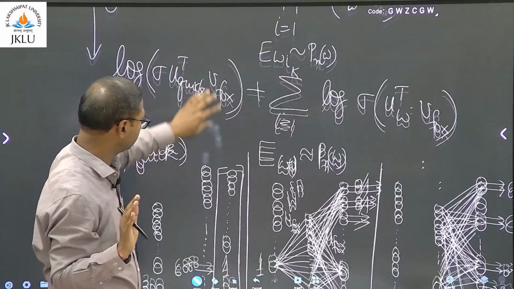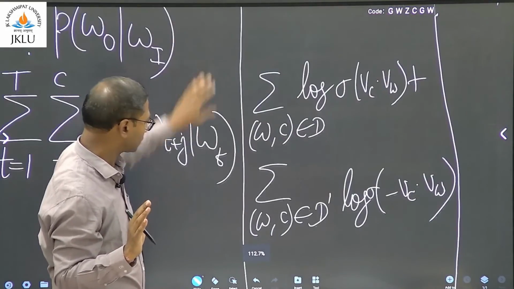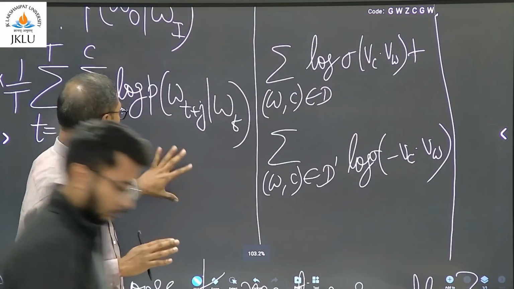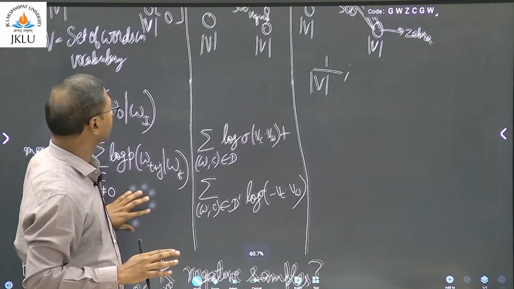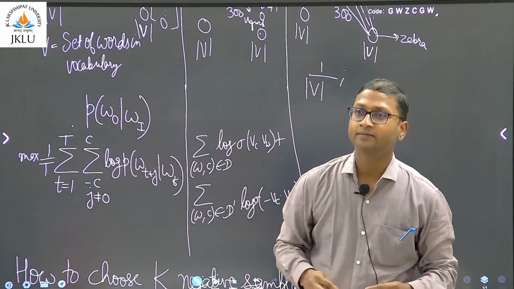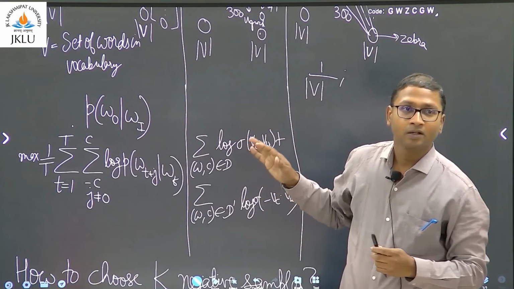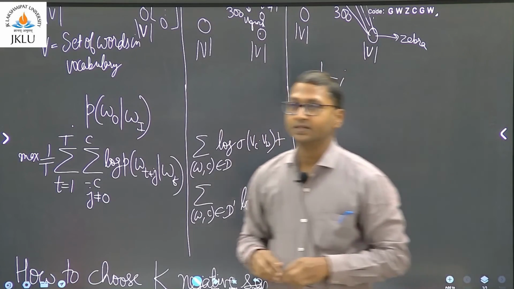Enough for today? So I leave you with a question. Tomorrow we won't have a tute, we will have only the normal class. So tell me, last question for you. What is wrong with what we did? I mean, at the end everything was fine, just this choosing of negative samples.